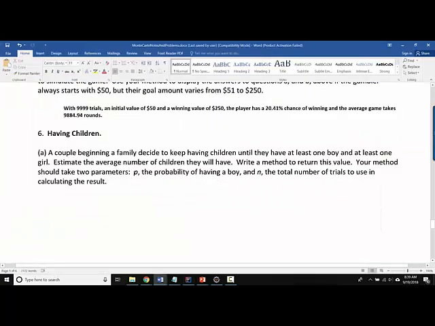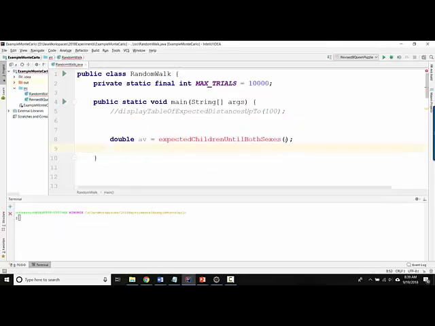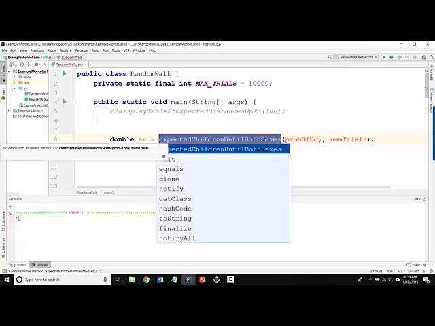And I think that I said, right, P is the probability of having a boy, and N is the number of trials to use. All right, so I'm going to give it a value for probability of boy, and then num trials to use. All right, so let's create that method.